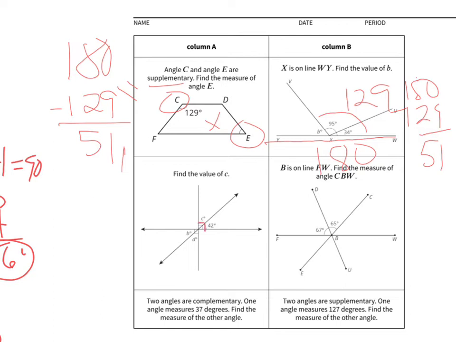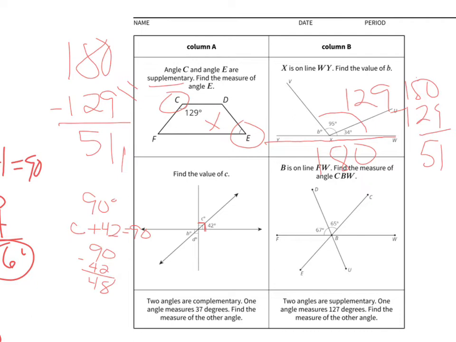So we know right angle is 90 degrees. So C plus 42 equals 90 degrees. So if we go 90 minus the 42, our answer is going to be 48.